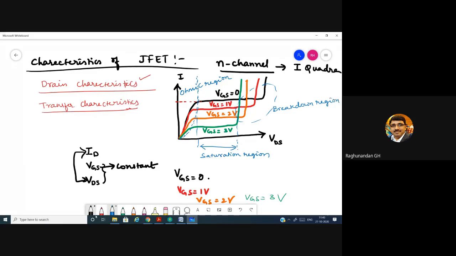So these are the three different regions of operation we are having, and this is ID, which will be in terms of milliamperes. Can anyone remember what are the three regions of operations of bipolar junction transistor BJT?